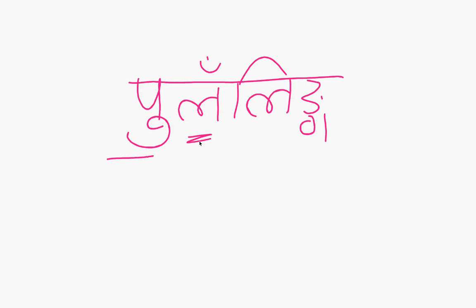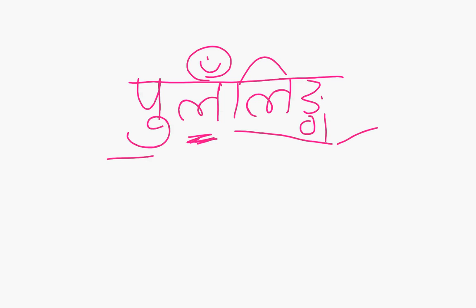So there is a po, and this is a, what is this? La with an anunasika, nasal la. Okay? It is not anuswara, it is anunasika. Anunasika is a nasal. So la itself is nasalized. And then there is simple linga.